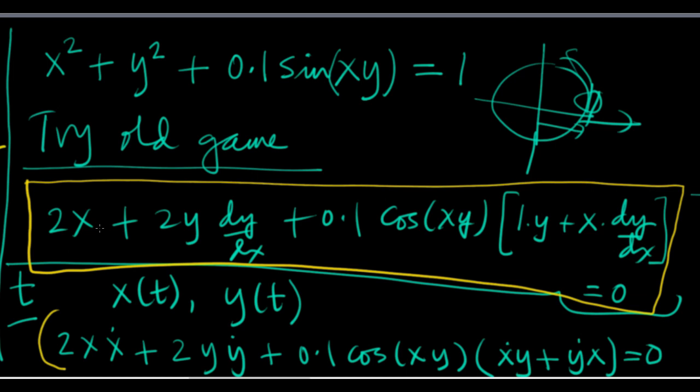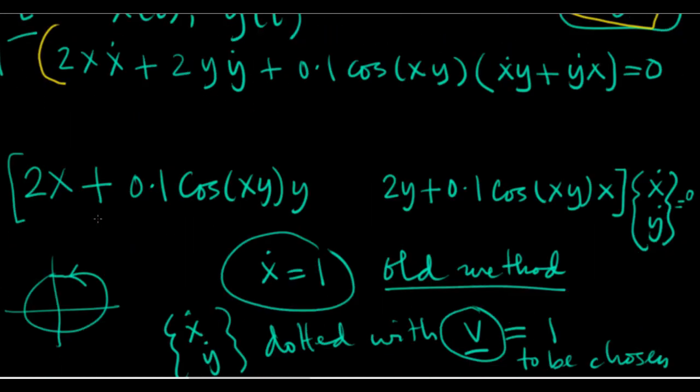Okay, it is easier for us to just come here and put x dot equal to 1. What we will say is y dot is equal to the negative of this, so we will compute that. So we'll come here, 2x plus 0.1 cos xy times y.